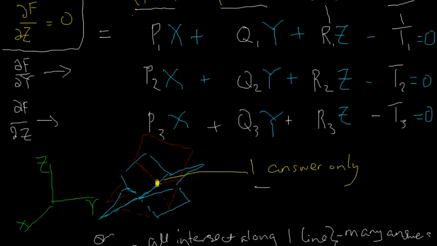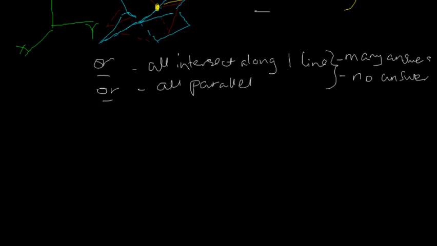So using this method, if we can use Gaussian elimination, basically this is just three simultaneous equations with three unknowns.